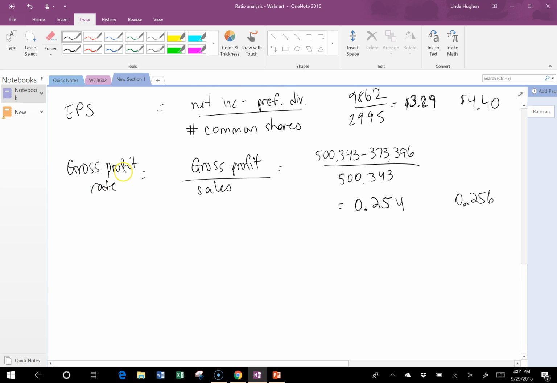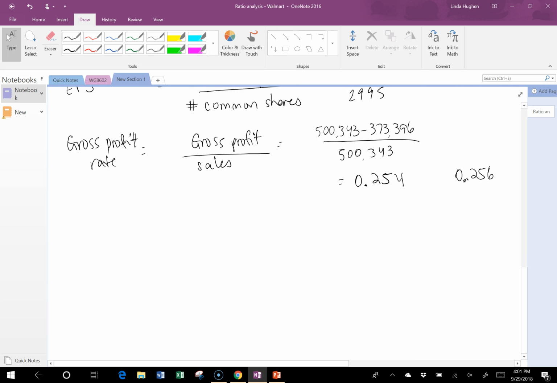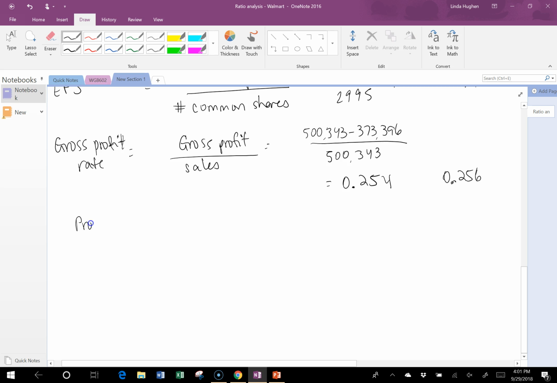So the gross profit rate tells us how well their sales are above the cost of the sales, but cost of goods sold is not the only expense. The profit margin rate, or the net margin rate, takes into account all of the expenses. So of our sales, how much remains as net income?